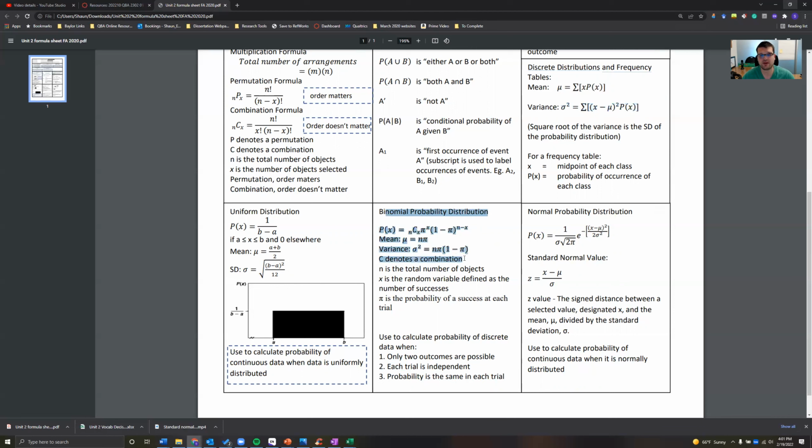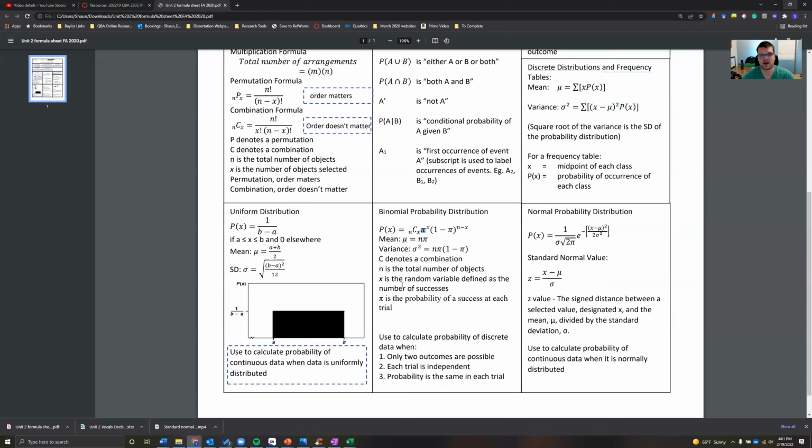With the binomial probability distribution, I used to make students calculate all this by hand. Basically what you're doing is you're first calculating the number of possible outcomes that you can have. And then the probability that this is not 3.14, this is the probability of occurrence.